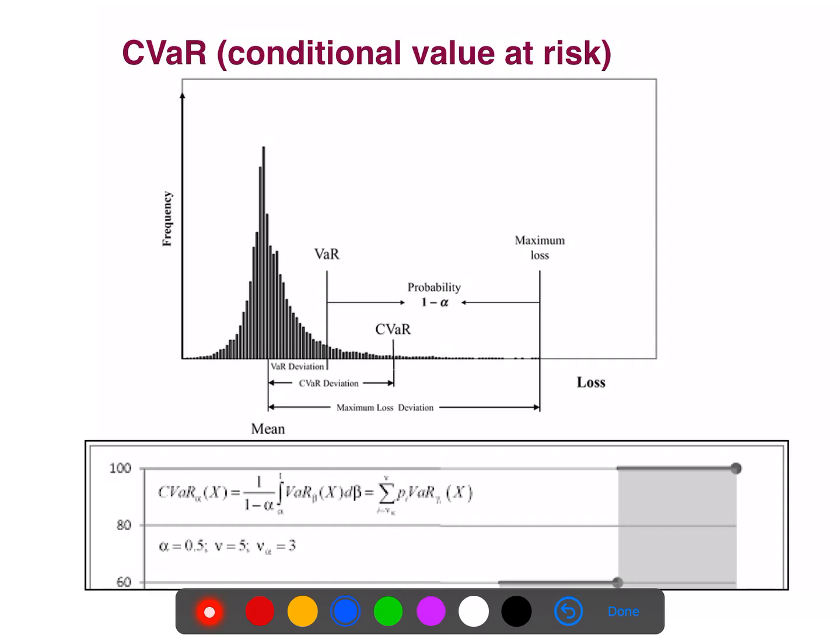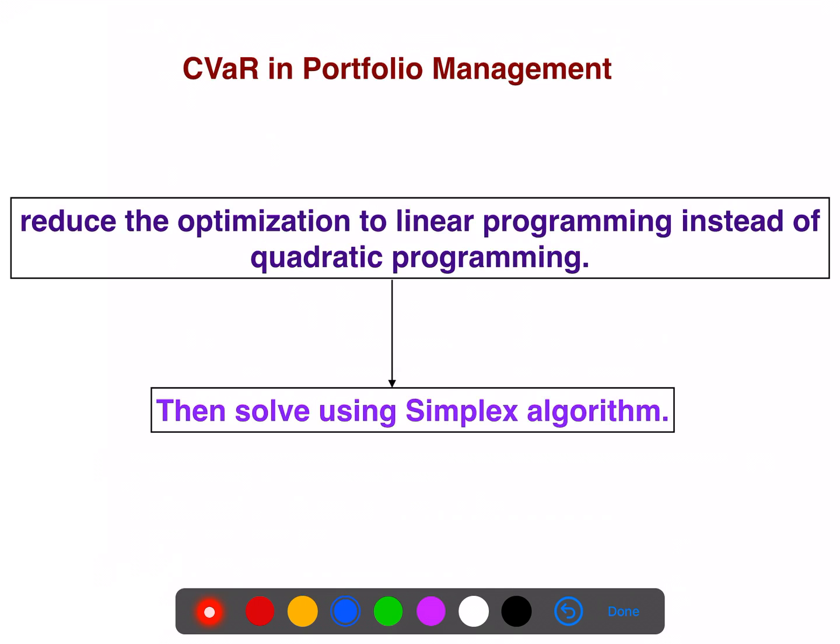Conditional value at risk is subadditive, in contrast to value at risk, which is not subadditive. So CVaR is much more practical, and I say it is expected loss, in comparison with VaR, which is just a number dependent on the market value.